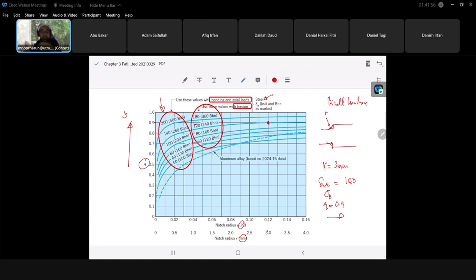Otherwise, you could just make a guess if the ultimate strength doesn't show in the line. So 120 and 180, in the middle is 160, so 140 like this. But that is for torsion. Since this is for bending, you have to ensure that you identify the right ultimate strength.